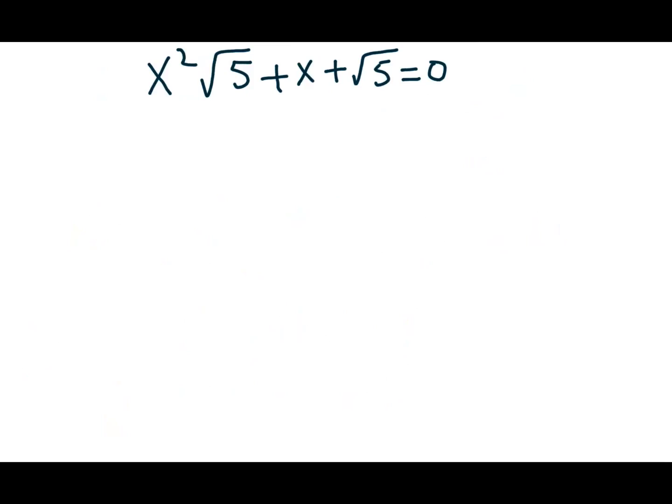Let's solve another example. Now in this example, the coefficient of x squared is the square root of 5, so a equals the square root of 5, b equals 1, the coefficient of x, and c equals the square root of 5.